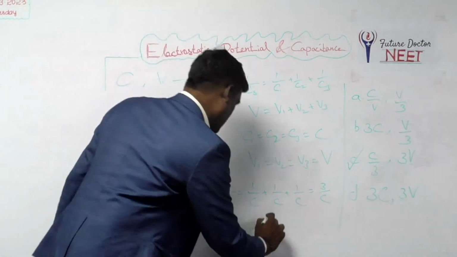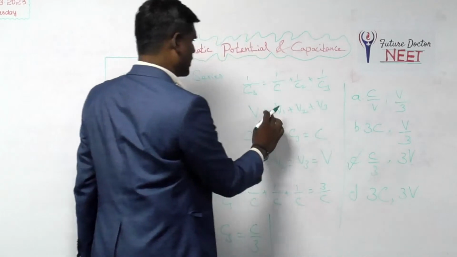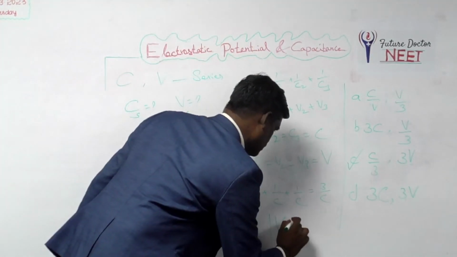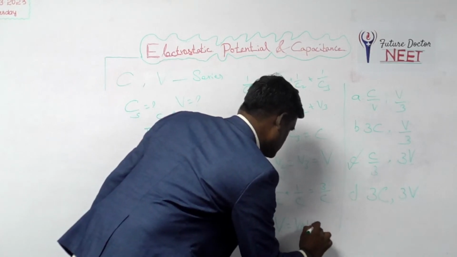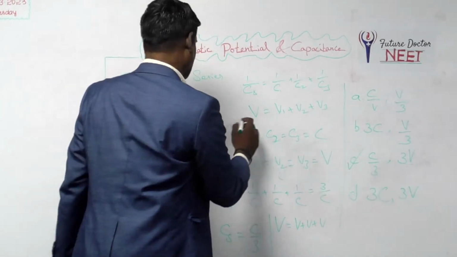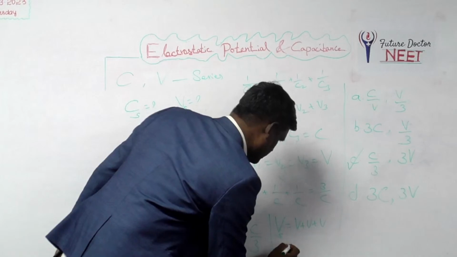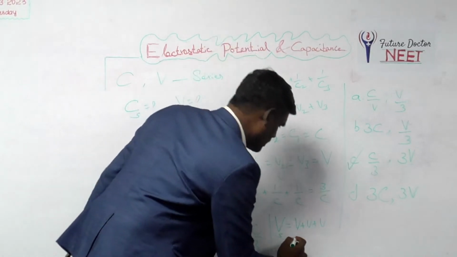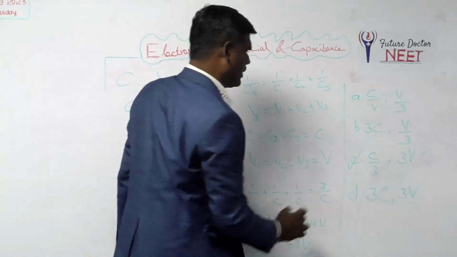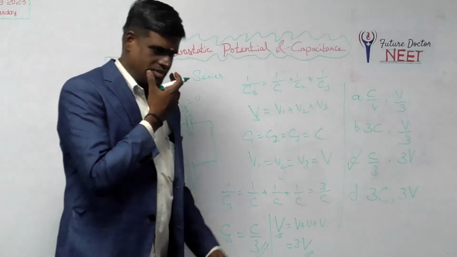And then V equal to V1 plus V2 plus V3, that is V equal to V plus V plus V. This is the total voltage in series. Then V plus V plus V is 3V. So C by 3 and 3V, that is option C. Option C is the answer.